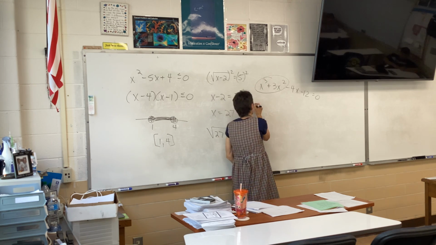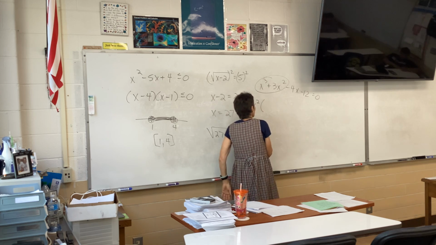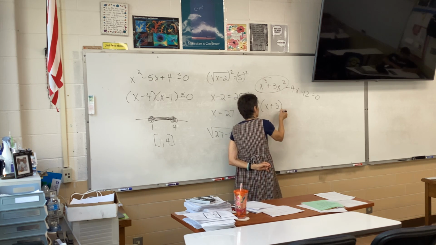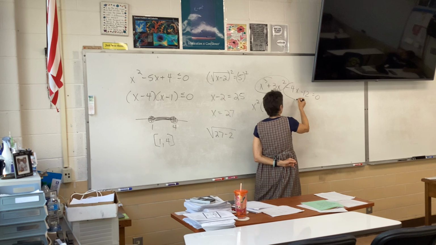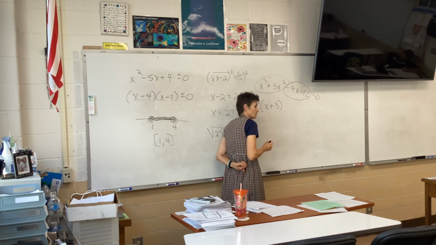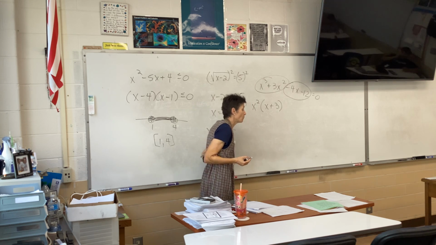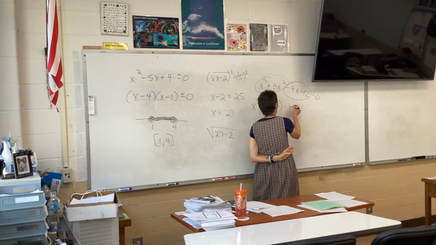X squared. And then we're gonna write down what's left. So if you take out an x squared, what would we have left? X plus 3, perfect. Now, look at these 2. Negative 4, we're gonna take out the negative 4.